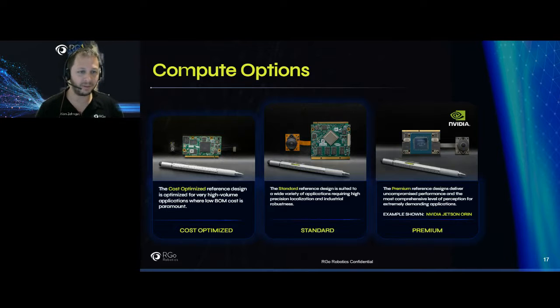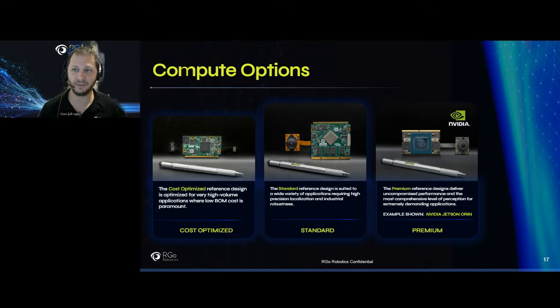Let me explore the options of the compute. The RGo Perception Engine, as I mentioned before, is a full stack software solution, computer vision algorithms that can run on multiple platform options. On the left, a cost-optimized reference design can go all the way to a consumer product.